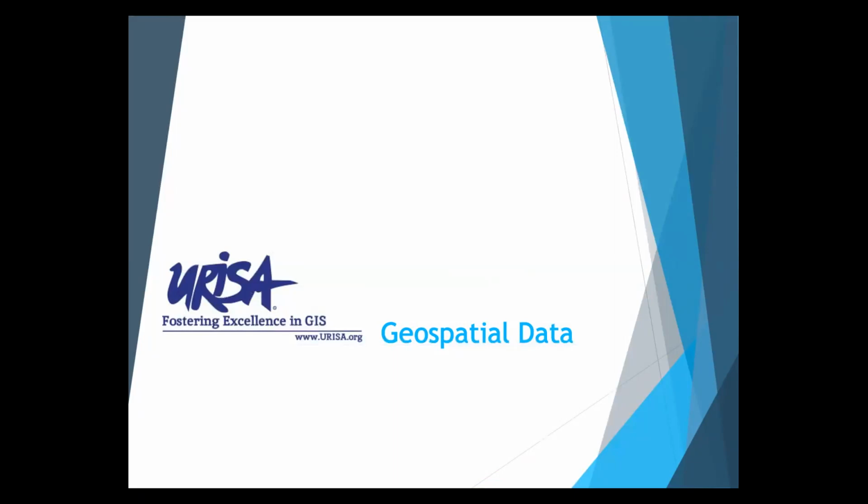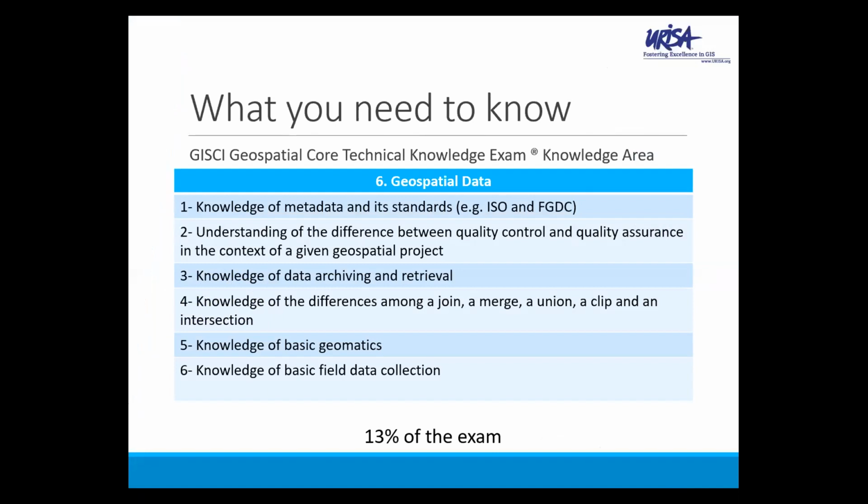So with that, I want to talk just a little bit about the geospatial data section on the GISCI qualifying exam. This particular knowledge area includes 6 sub-areas. It includes metadata and knowing metadata standards, understanding the difference between quality control and quality assurance.